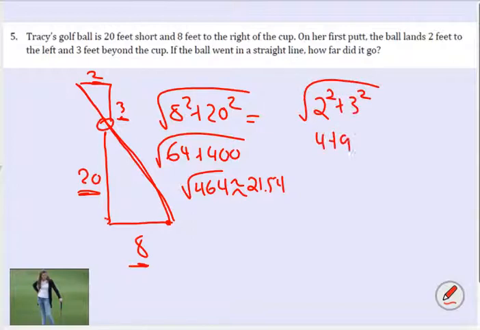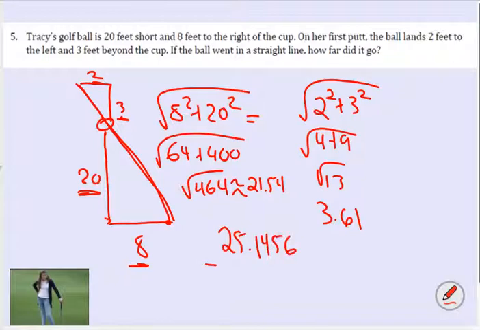So that's going to be 4 plus 9. Square root of 13. So that's going to be another 3.61 feet. So when I add those two together, I'm going to get 25.1456. So that's how far the ball went, roughly.